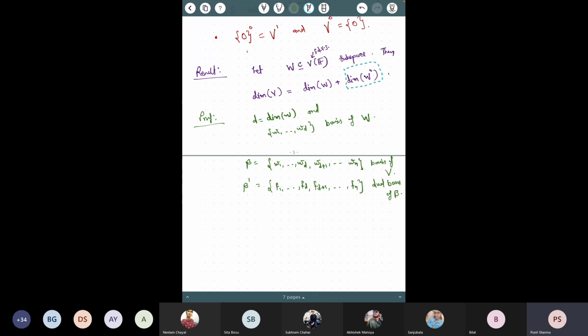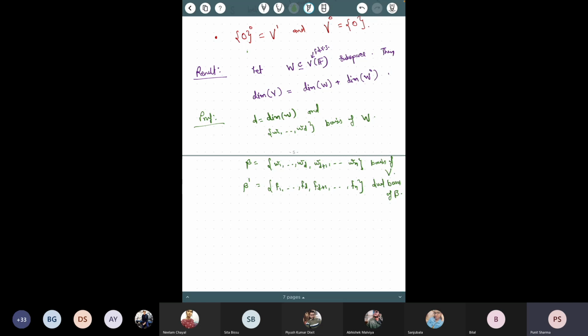Then you are done. W naught is a subspace of V dash, right? So in order to say that the dimension of W naught is equal to N minus D, what should I look for? The claim that FD plus 1 to Fn is a basis of W naught.